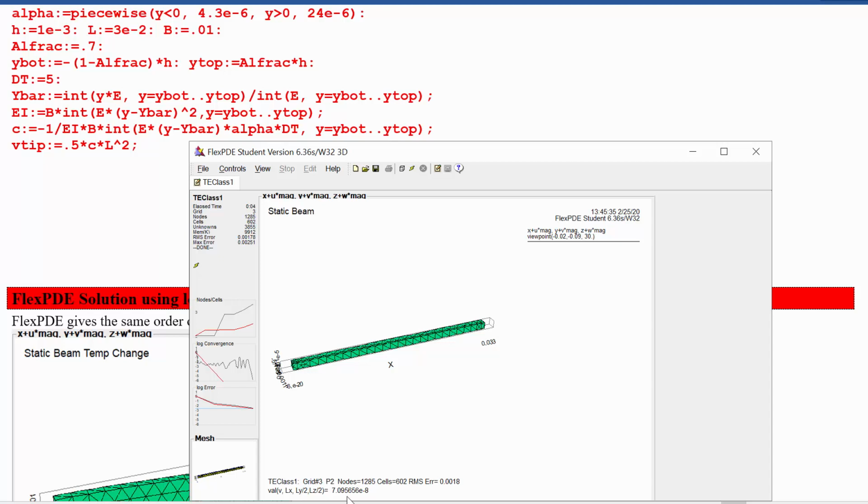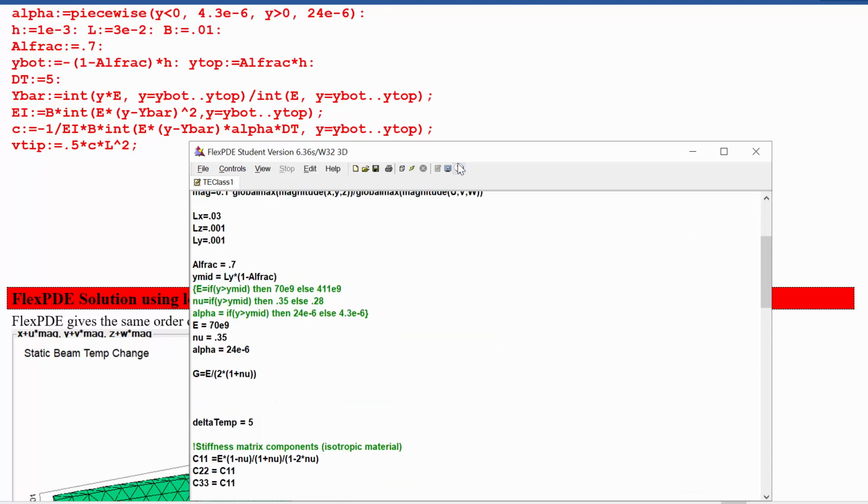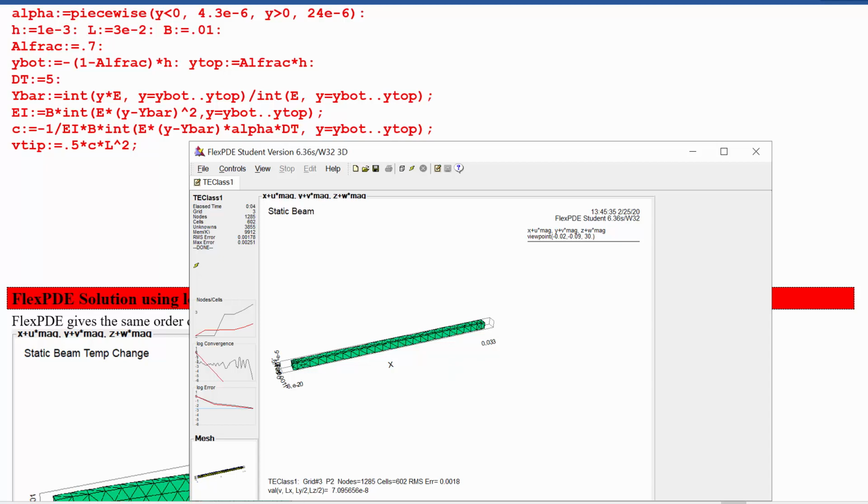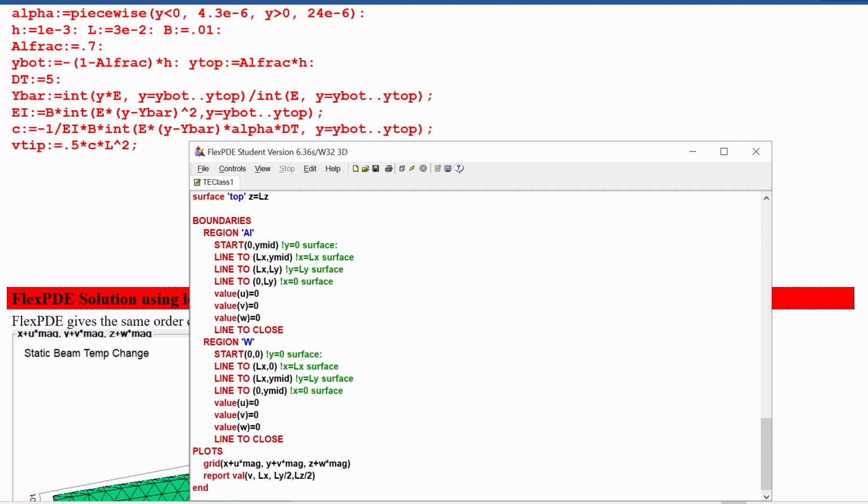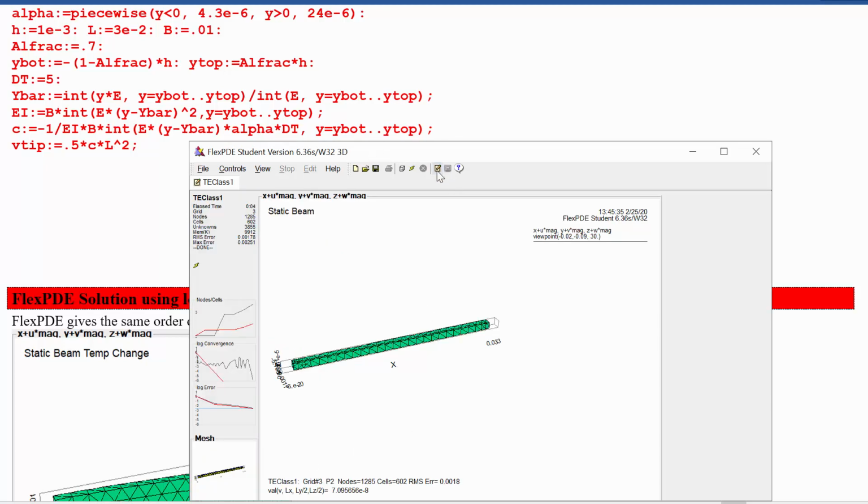It goes 7.09. Oh, wait a minute. That's not quite right. Value V at the end of this thing should have been a lot closer to what we expected. The reason that we got 0 there is because we forgot to put in the different material parameters for the tungsten.